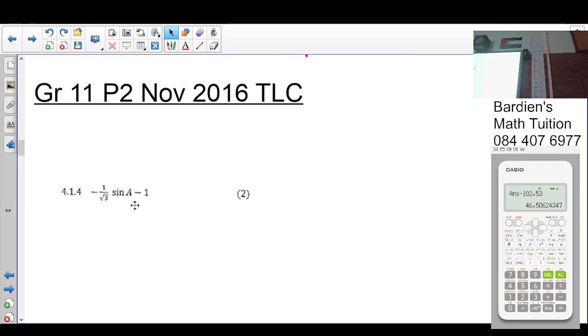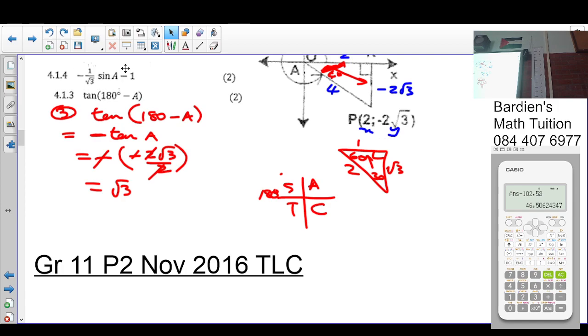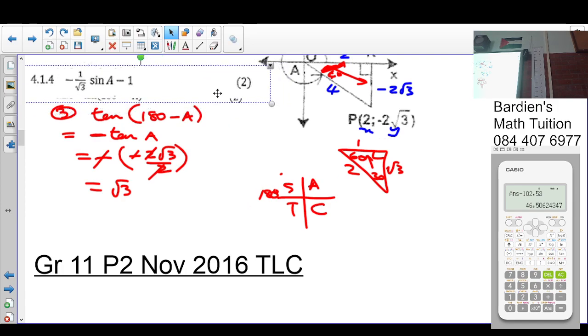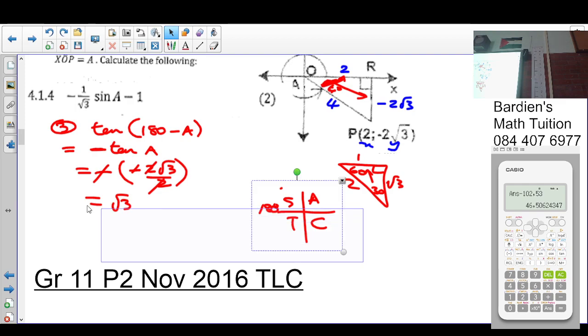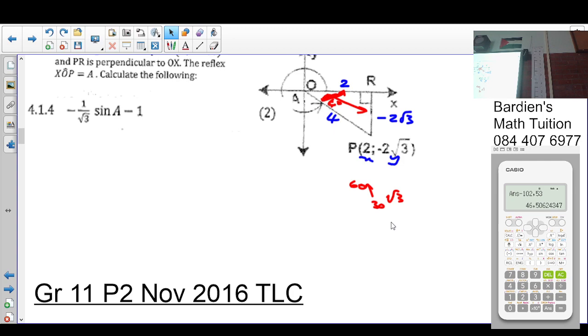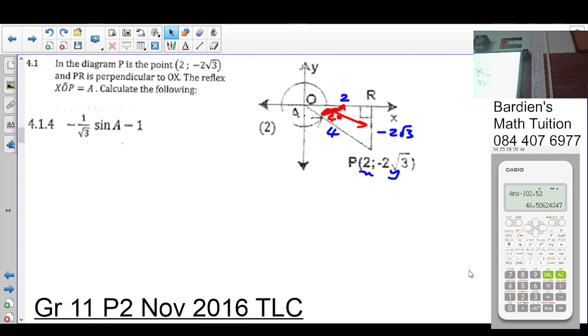And then they want to know sine of A. So it's negative 1 root 3.